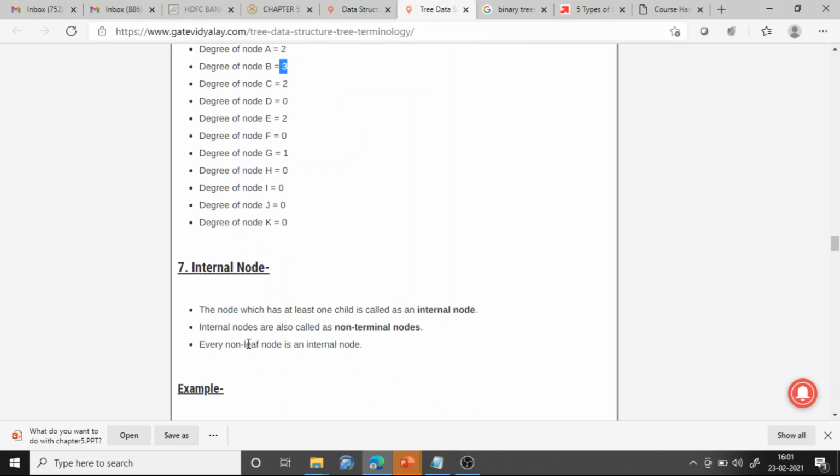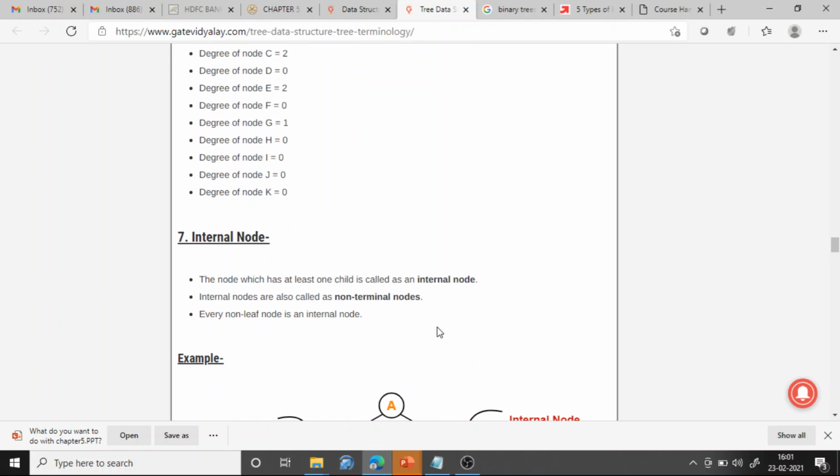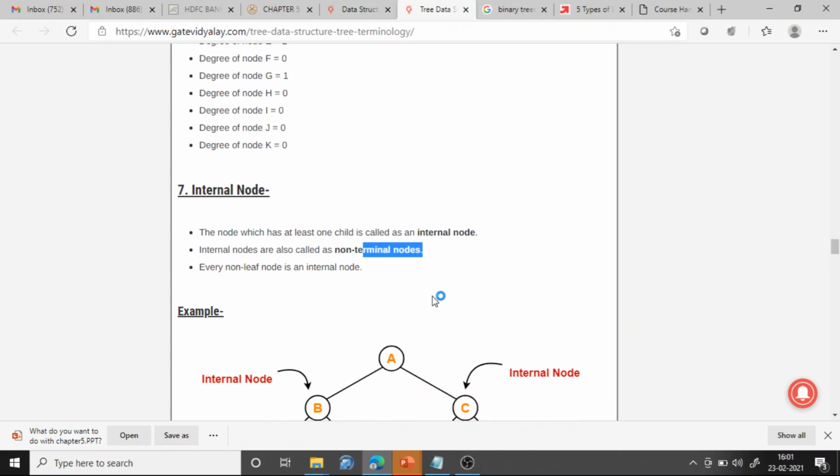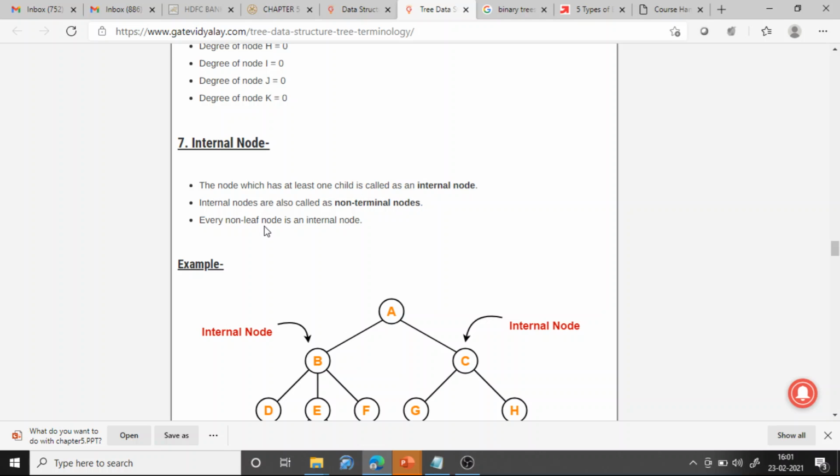Internal node. An internal node is nothing but a non-terminal node. The nodes other than the leaf nodes are called internal nodes or non-terminal nodes. The leaf node is called a terminal node or external node.